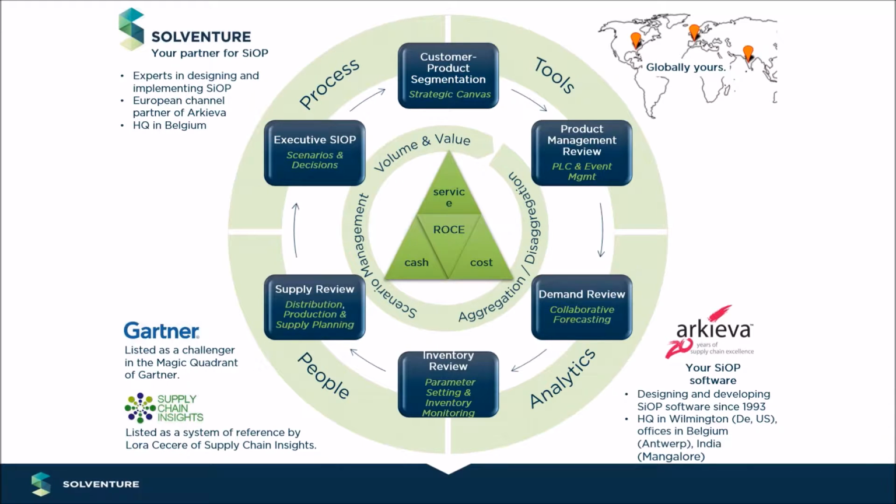The SIOP process for us starts with customer product segmentation, so not every customer is equally important. Salespeople don't necessarily like to hear that, but it's the truth. Also, not every product is equally important, and still we see that a lot of companies are using the same service level for each customer and for each product. So differentiating service levels, for instance, also in demand planning, creating more focus.